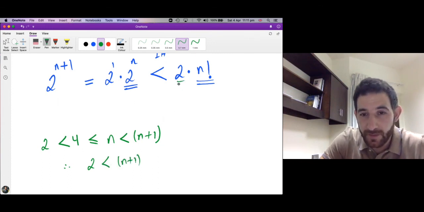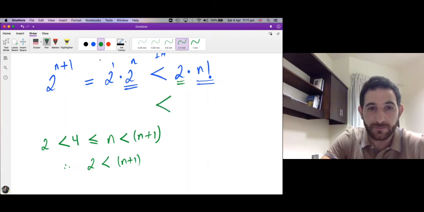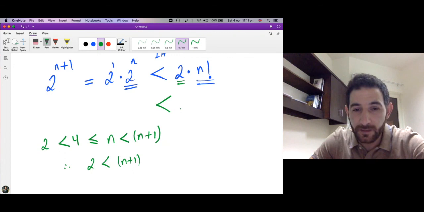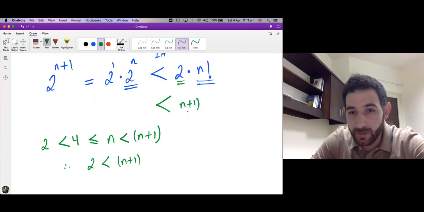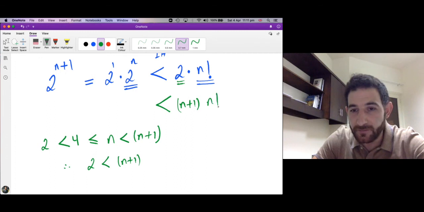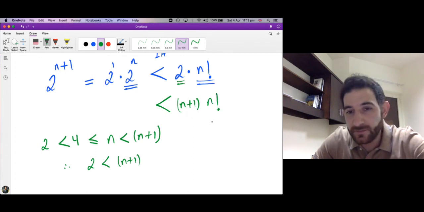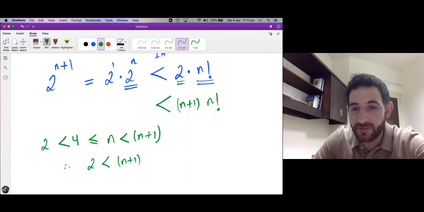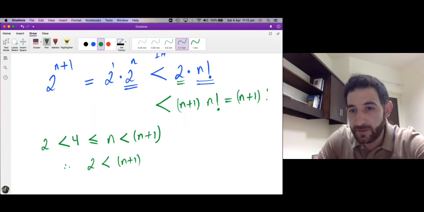So we can replace this 2. So this number is strictly less than n plus 1, because n plus 1 is strictly bigger than 2, times n factorial. And what is n plus 1 times n factorial? This is n plus 1 factorial.